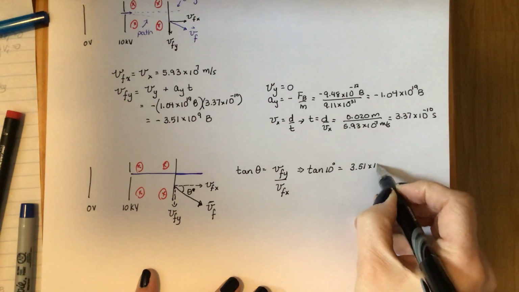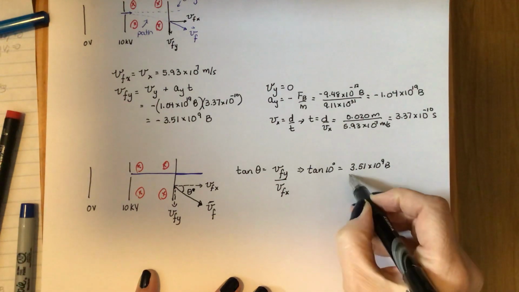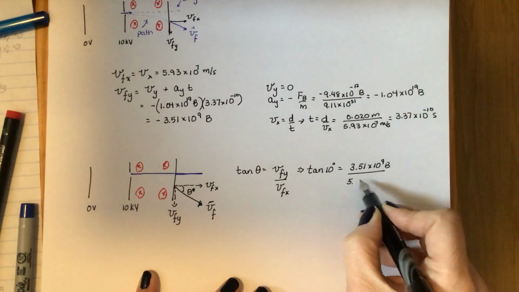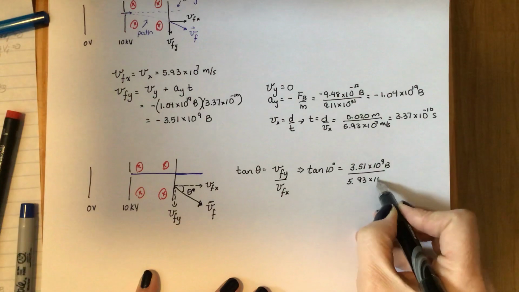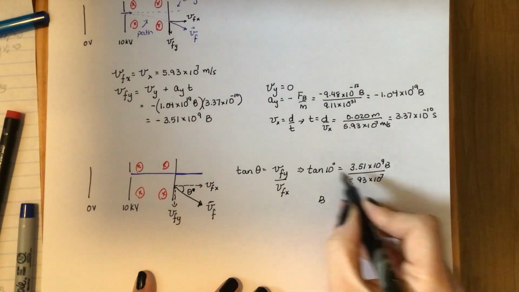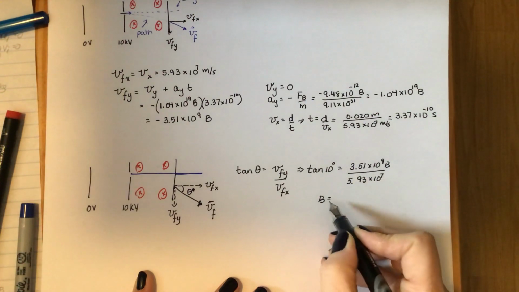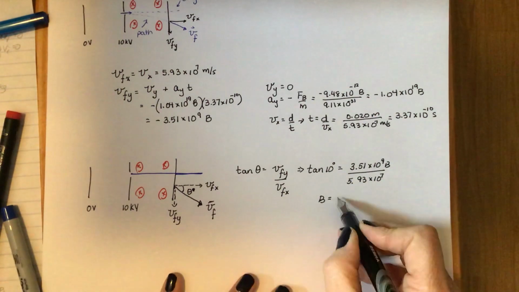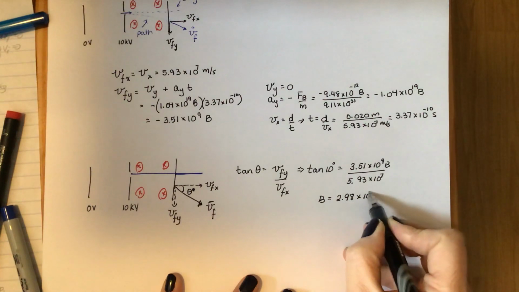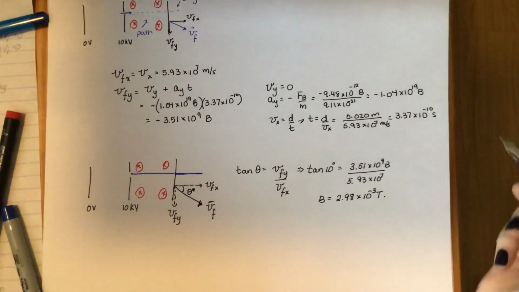Divided by V final x, which we also wrote down up above. Now we can solve for our B. So we'll multiply this up here, we'll divide that one down there. What we get for the strength of our magnetic field is 2.98 times 10 to the minus 3 teslas. So there's the magnetic field to get that electron to deflect by 10 degrees.